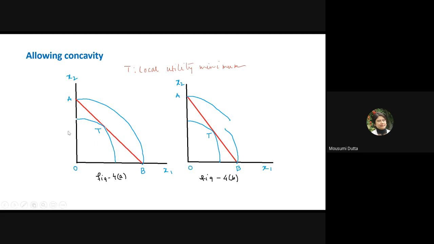The IC is touching the budget line at point capital T. So draw both for A and for B. Actually, in case of 4B, if you consider the second indifference curve, it will not pass through point A, rather it will be like this. And if you consider the third one, it will not come to point B.